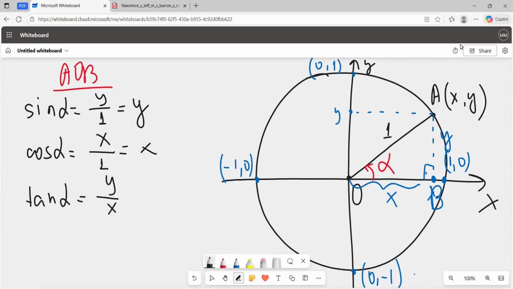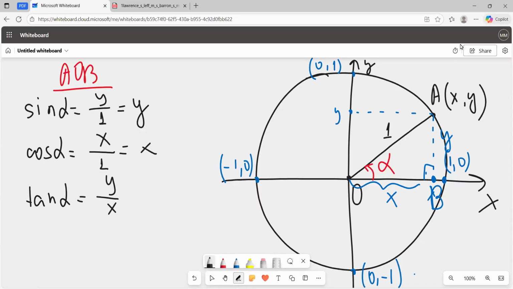Then we can say that the sine of angle corresponding to any point on a circle is equal to y coordinate of this point.